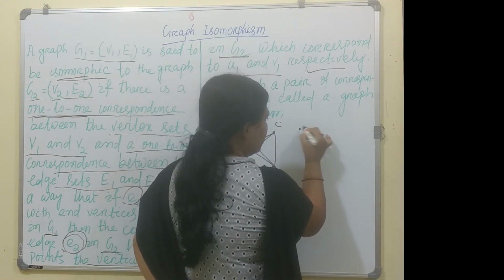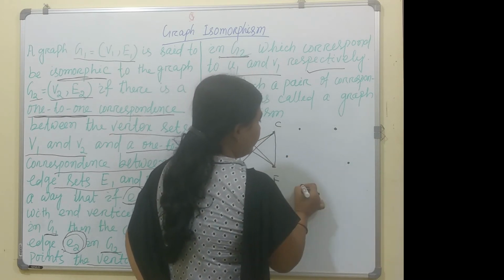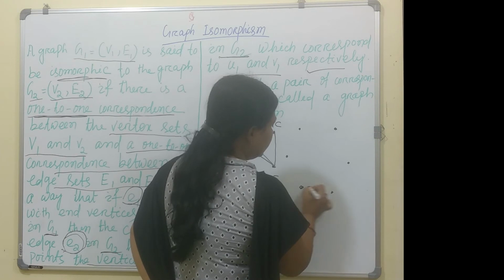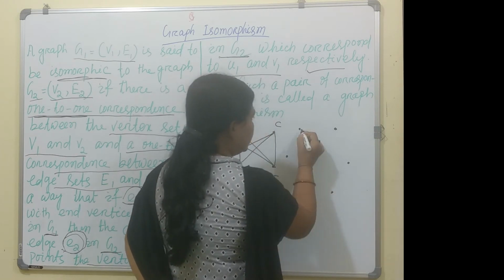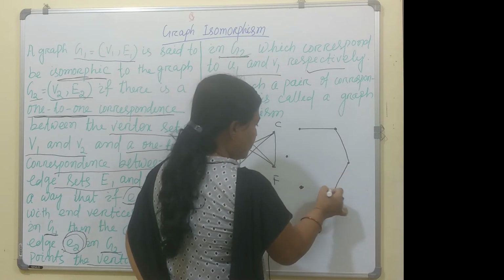This is a regular graph. It has 6 vertices also, and this is a 3-regular graph.